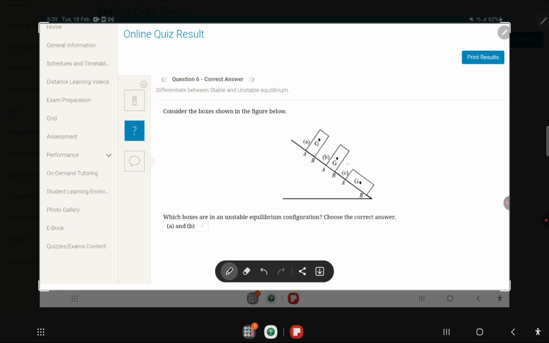But blocks A and B barely have surface area on the slanted slope here. So of course you can say that they are going to be in an unstable equilibrium because at any moment they can fall over. Okay?